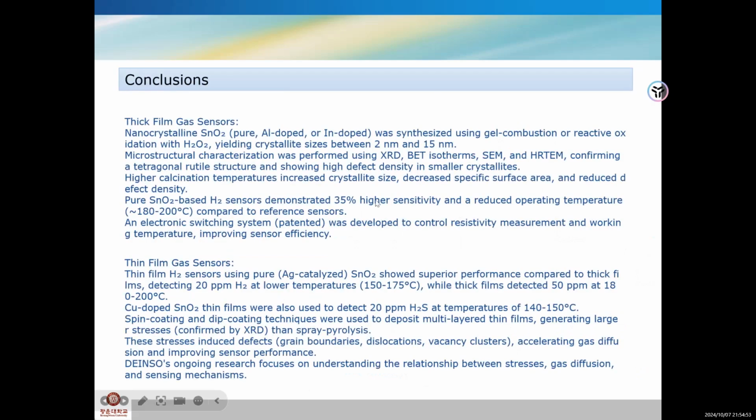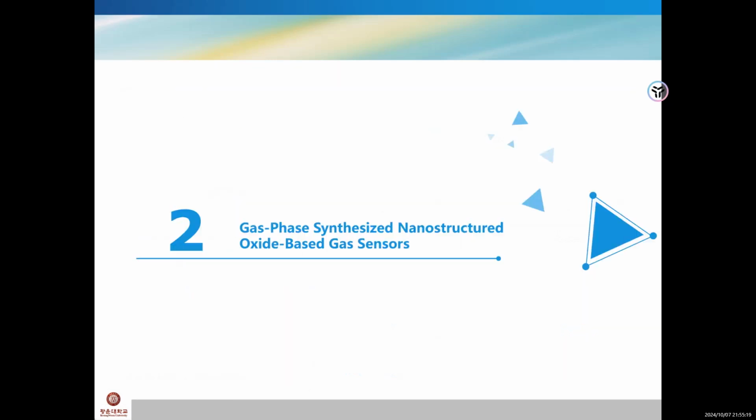The conclusion is that it has two points: thick film gas sensors and thin film gas sensors. This is the same as the introduction. So we can draw some conclusions, with some details about the introduction I said before.